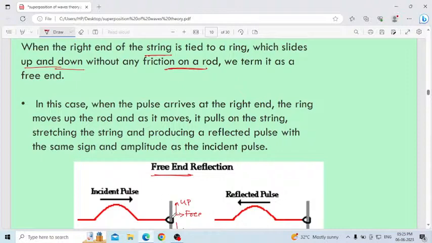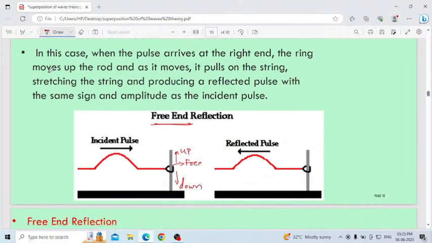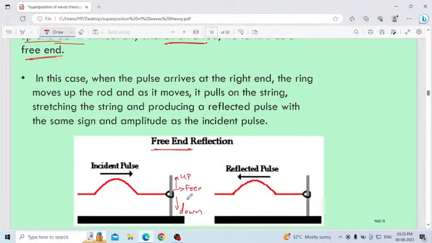When you insert the ring inside the rod, you can see the ring move up and down. We term it a free end reflection, because it can easily move up and down.